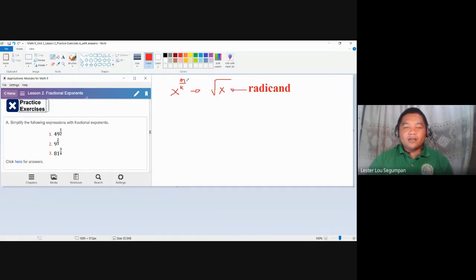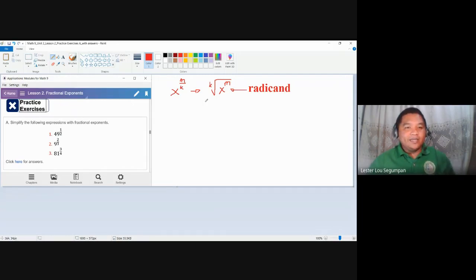The numerator of your exponent will become the exponent of the radicand, and the denominator of the fractional exponent will become your index. So when you convert it into an expression with radicals, you can simply solve for its value.